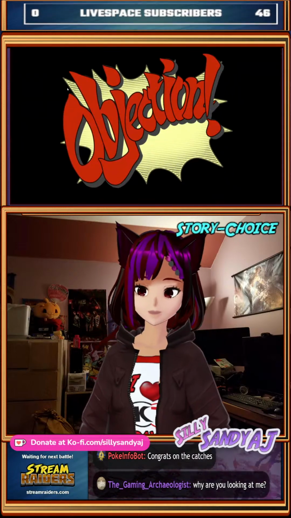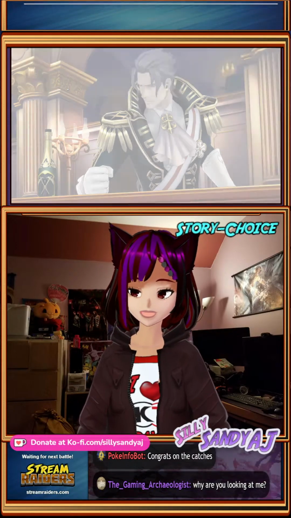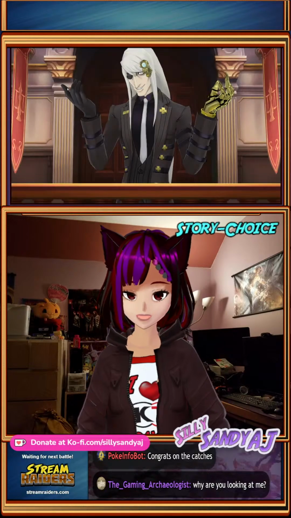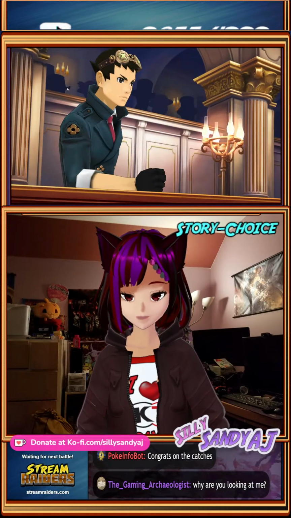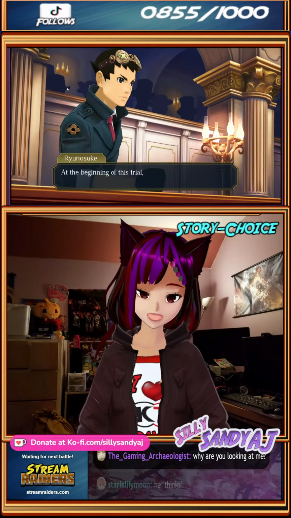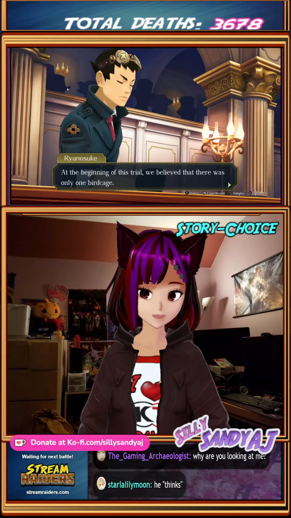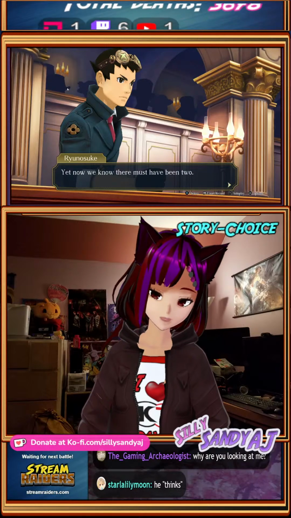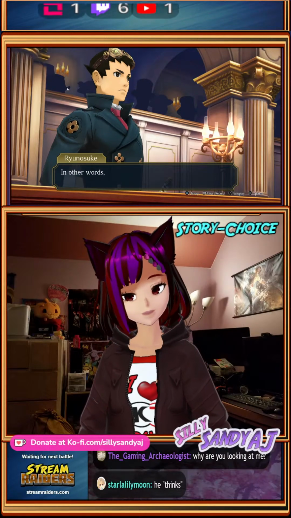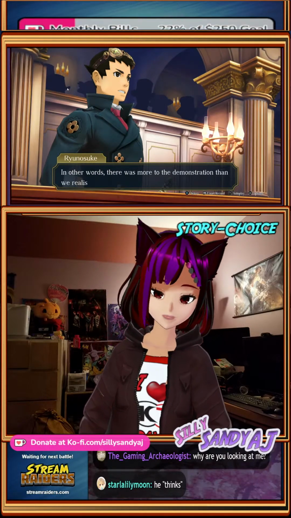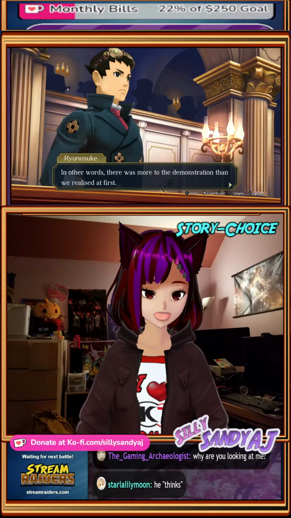Objection. At the beginning of this trial, we believed there was only 1 birdcage. Yet now we know there must have been 2. In other words, there's more to the demonstration than we realized at first.